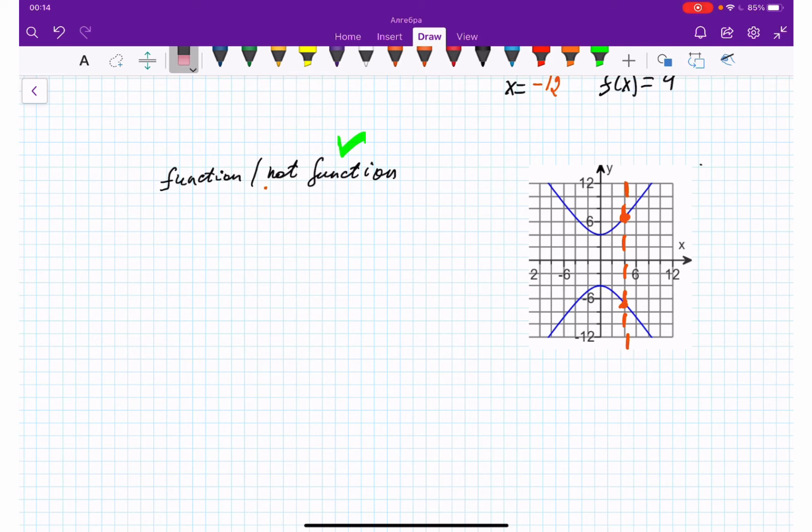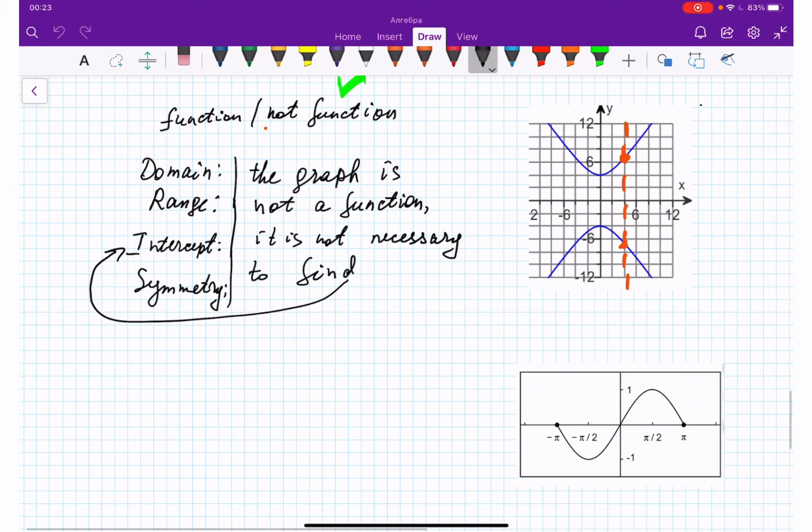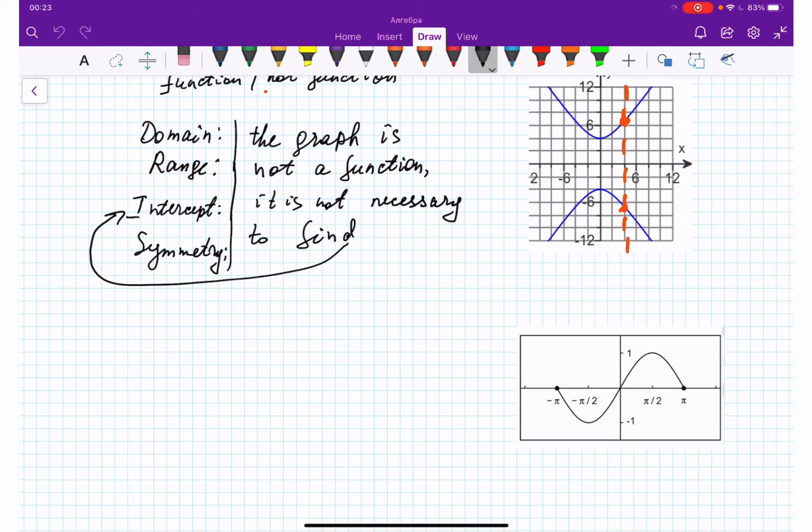Next, what are the domain and range of the function? Okay. This is our next question.